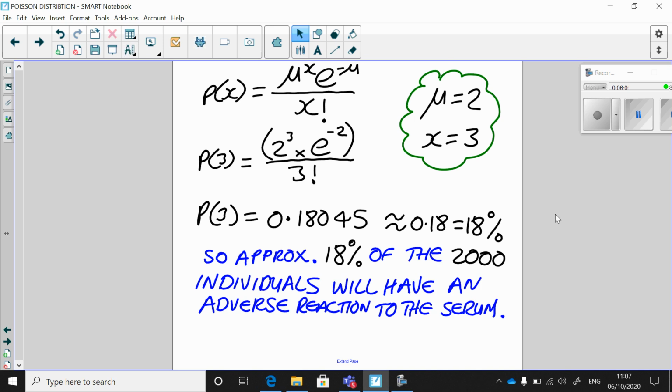So we're saying here approximately 18% of 2,000 individuals will have an adverse reaction to the serum, whatever it is, the wonder serum. That was part A, exactly one calculation, and then I've just made a little comment at the end.